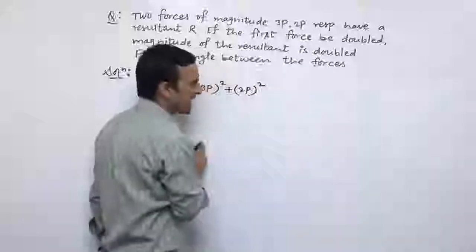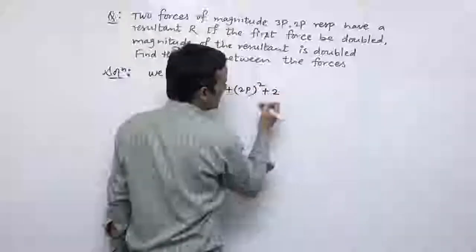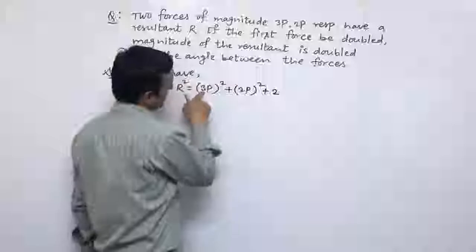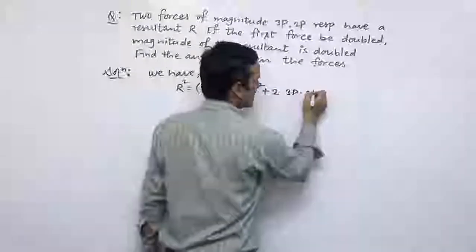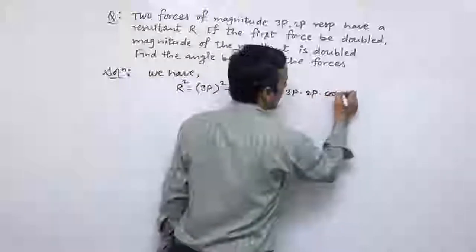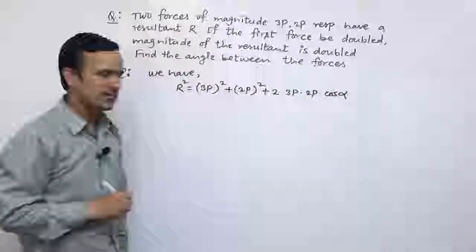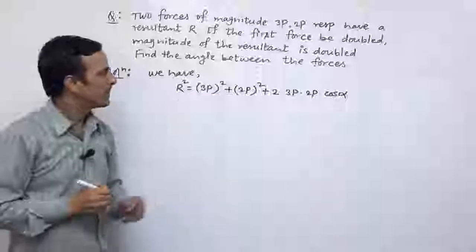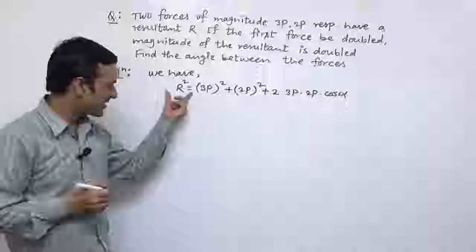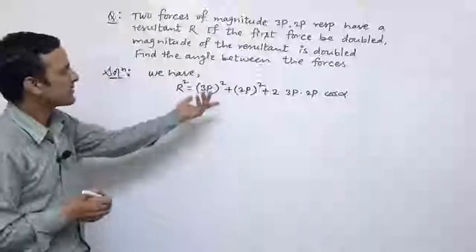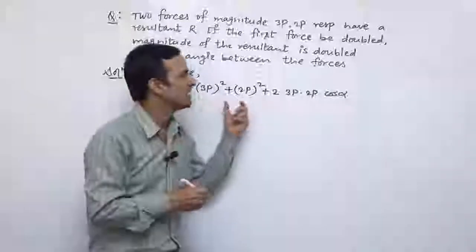So 2p square plus 2 into P into Q. P is 3p, and Q is 2p, and cos alpha. So alpha is the angle between these two forces. So this is the resultant of these two forces after substituting in the main formula.